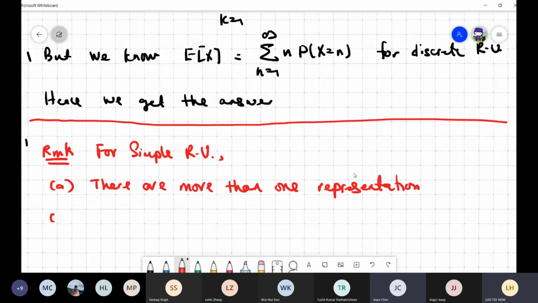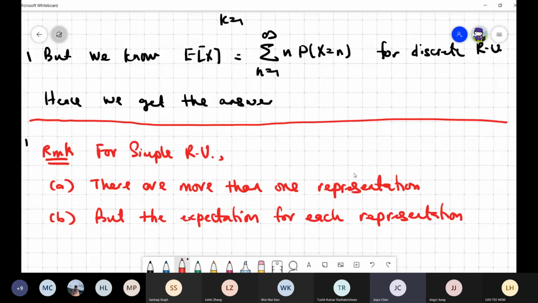However, the expectation value for each representation is the same.